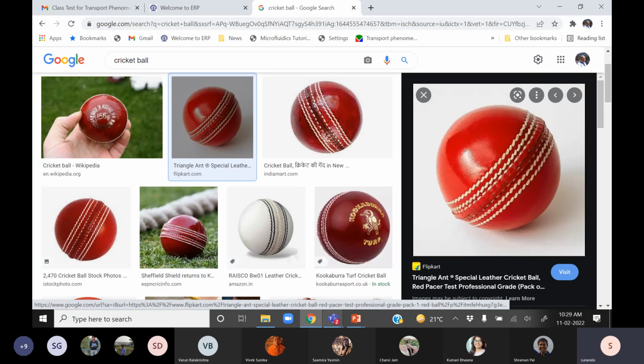Now there is a third class of ball, where the ball comes straight towards you, but after it has crossed mid pitch, somewhere around the middle of the distance between you and the bowler, it starts to move in one of these directions, in or out.